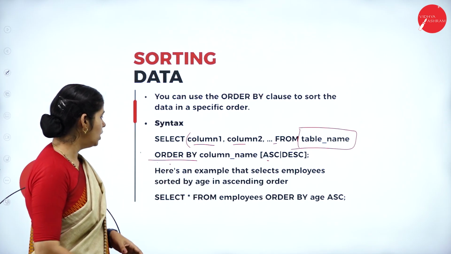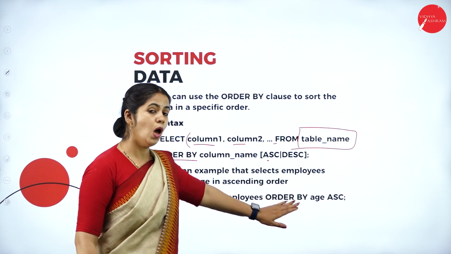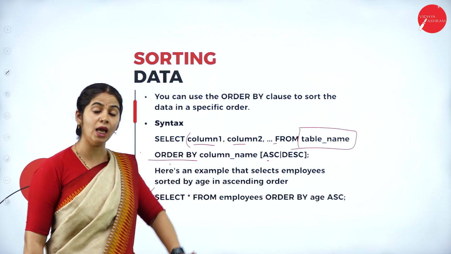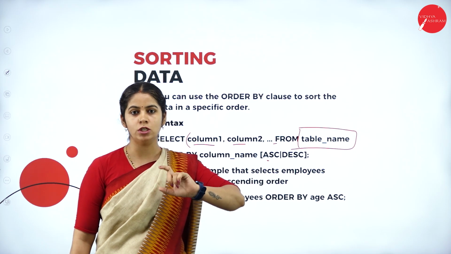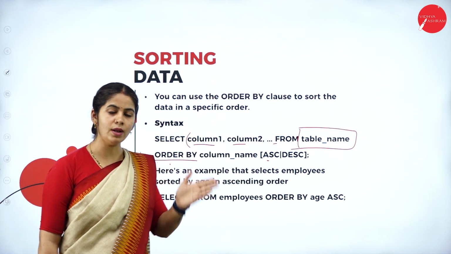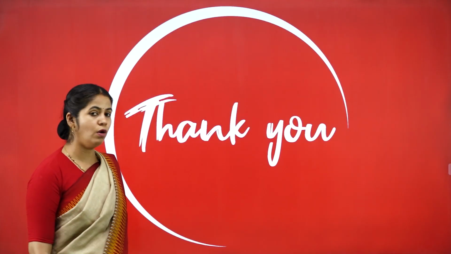This is an example: SELECT star FROM employee ORDER BY ascending order. Ascending order means it will take the employee ID, which is the primary key, ascending from 1, 2, 3, 4 like this, sorting up to the n-th employee. So this is the example of sorting.